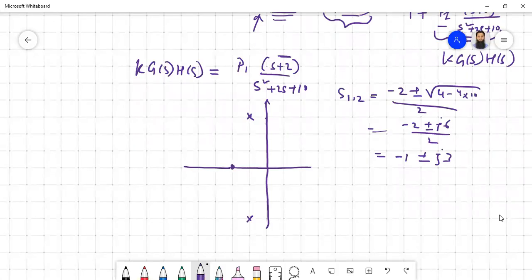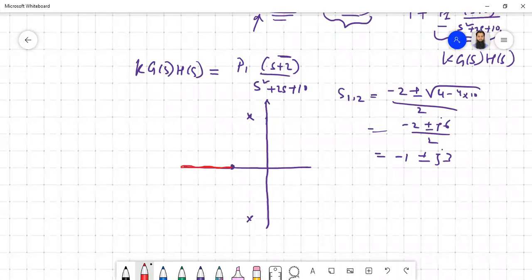So how many infinite lines should be there? Only one infinite line. You also have to figure out the break. In this case, which segment is on the root locus? Definitely only this segment is on the root locus.